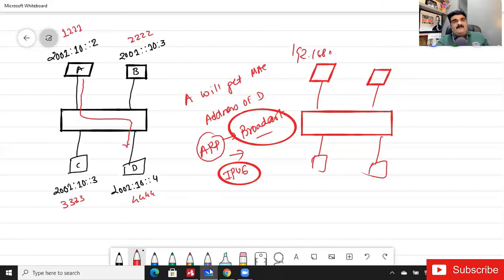And if there is no provision for broadcast, you cannot use ARP, because the communication of ARP is always based on broadcast. So we cannot use ARP for IP version 6.